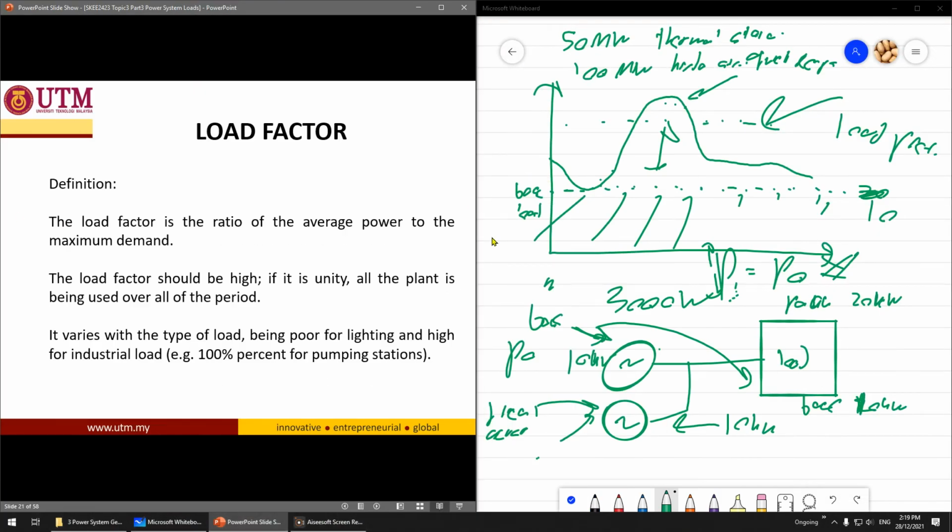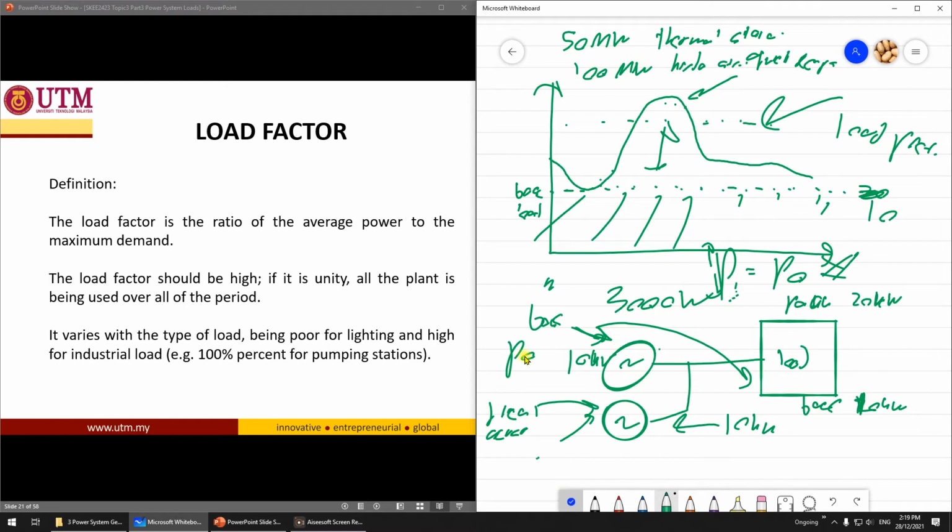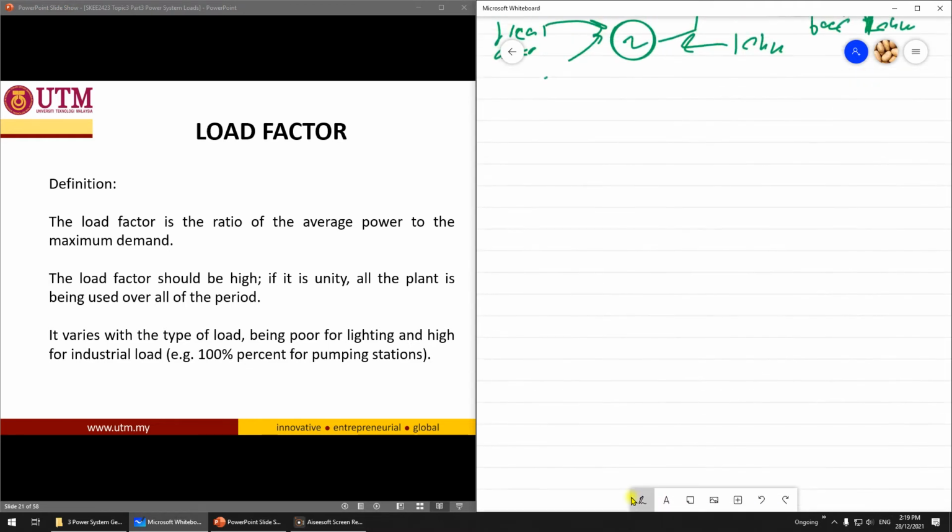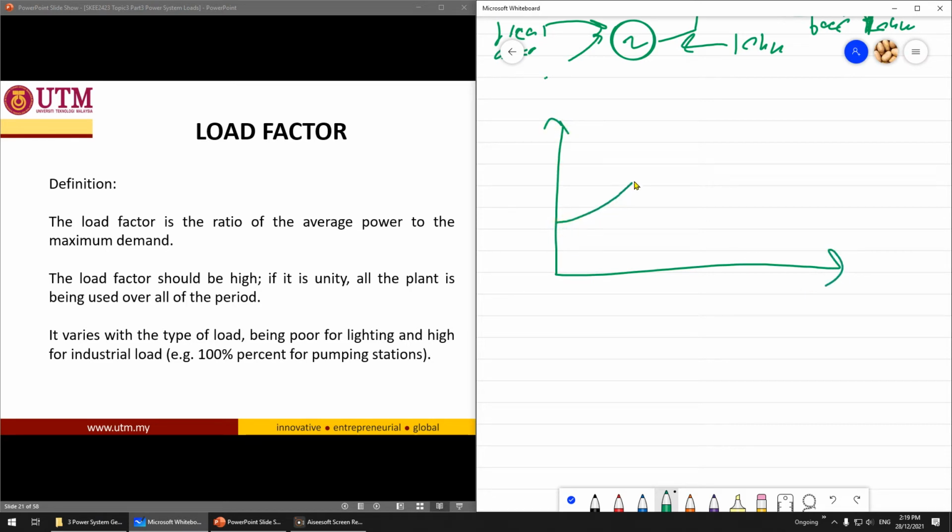So what does all of this mean? Let me describe it in the form of an equation. For example, your load looks like this. This is the peak, and this one is the average.